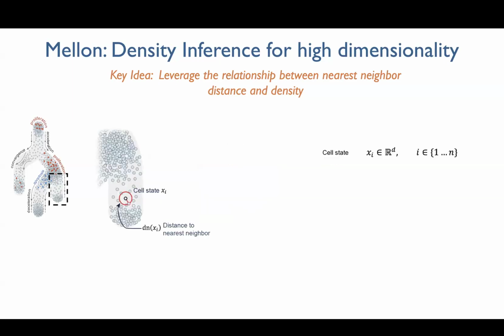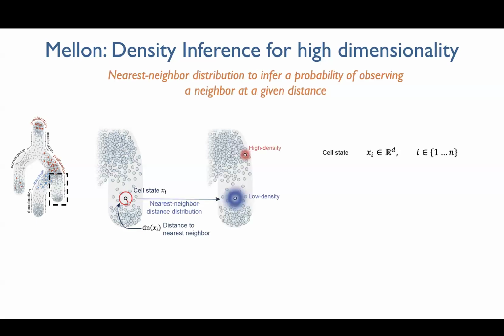The cool thing is that for each cell or cell state, we can compute the distance to its nearest neighbor. And this observation, of course, is one data point, but it can be described as a distribution called the nearest neighbor distribution, which tells you, given the data, the likelihood of seeing a neighbor at a given distance. That's quite nice.